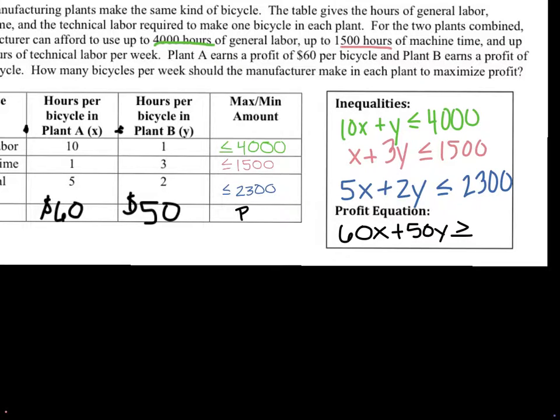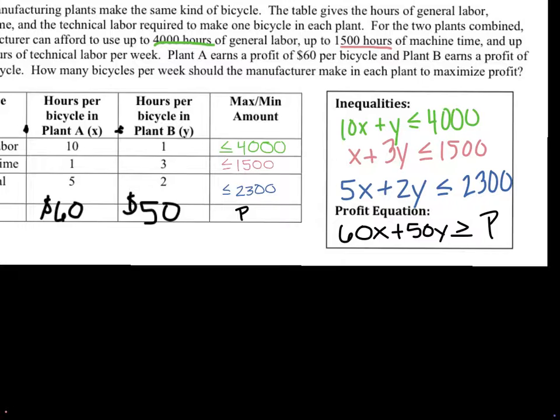So whatever that value is, our $60 for the bikes at Plant A plus our $50 for our profit on bikes from Plant B, we want that to be greater than or at least equal to our profit.